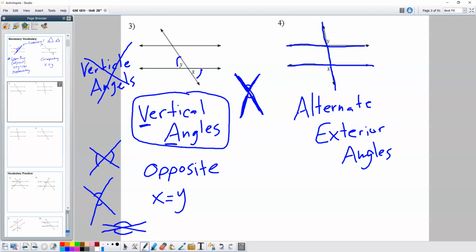Okay, and they're equal. So that angle x up there is equal to that angle y up there. If this was 100 degrees, then x is 100 degrees right here. We talked about these opposite angles, these vertical angles over here. Like if that was 40 degrees, this would be 40 degrees.